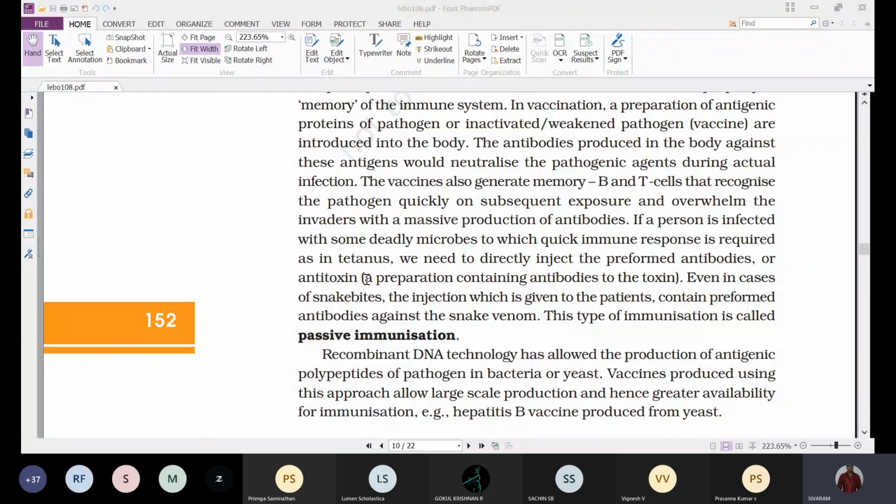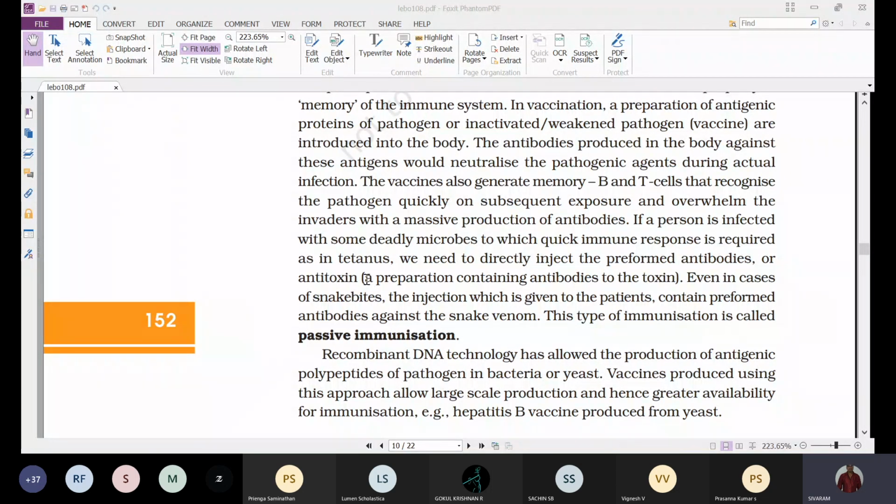Our body will prepare the antibodies. That exposure is considered the first response of the immune system. When the actual disease-causing organism enters our body, because of the presence of memory T cells and B cells, our body will show an anamnestic response.